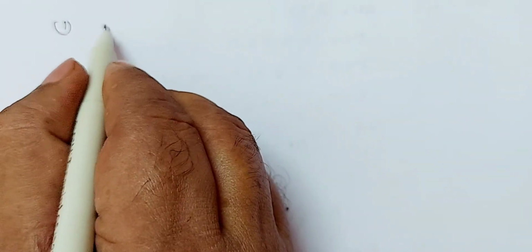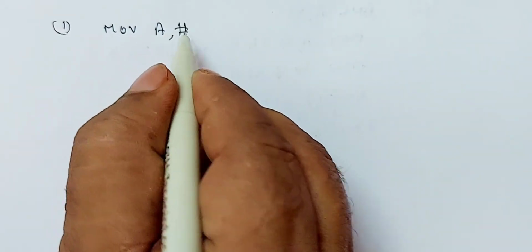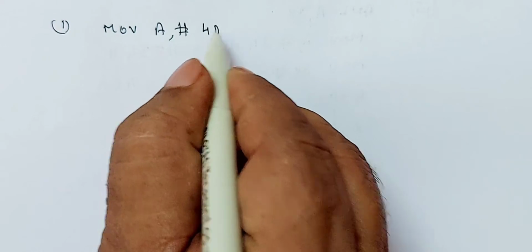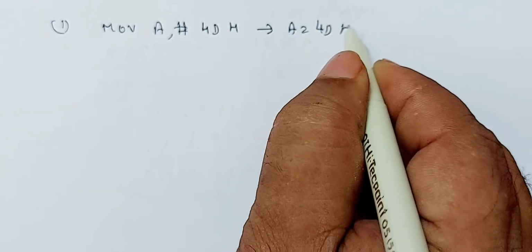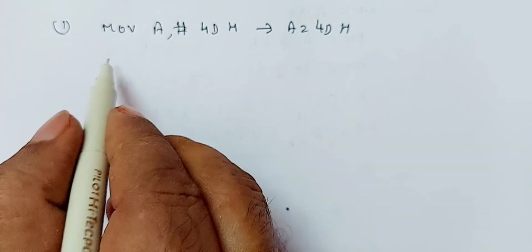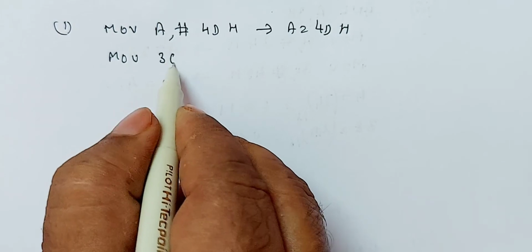Okay, I will consider a direct addressing mode example. For direct addressing mode, first I will load A with some value, 4DH. Now A contains the hexadecimal value 4DH. I will consider the direct address 36.